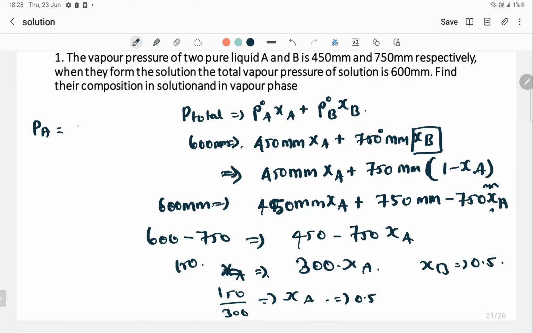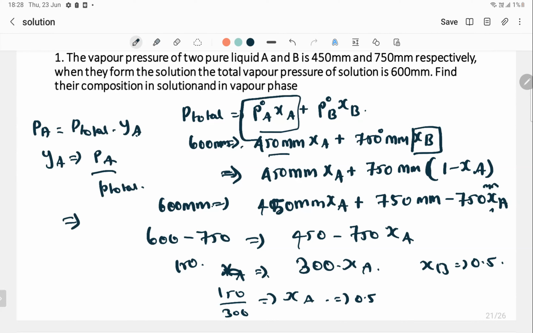PA is equal to P total into YA. So YA is equal to PA divided by P total. So PA is this one, 450 into 0.5, which is 225, divided by P total 600.